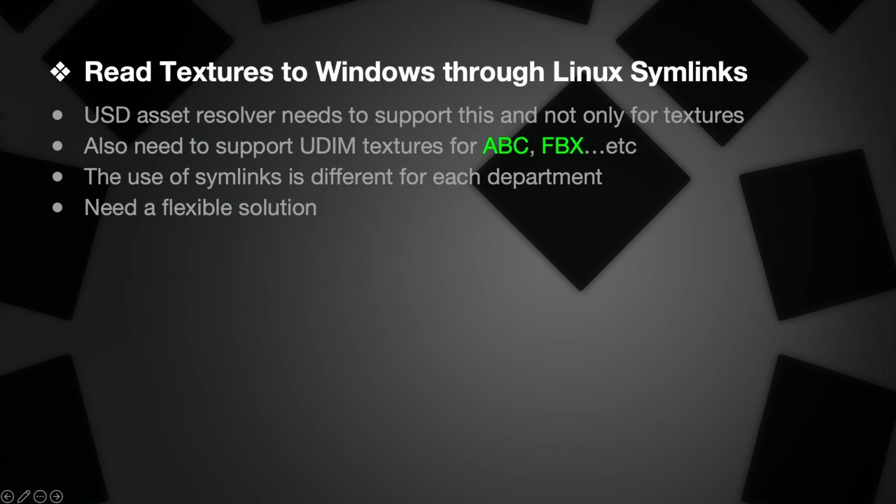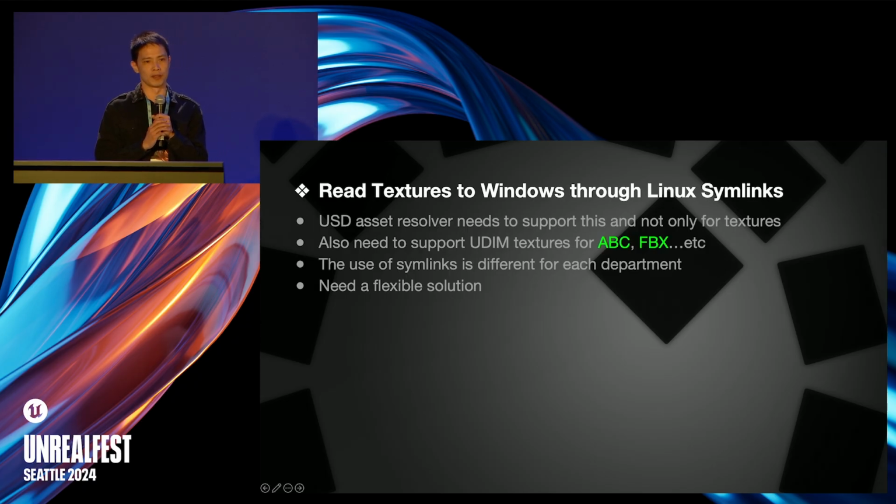We also needed to make it work for our USD asset resolver, so it's not only for textures. We need a flexible way to make symlinks work for Windows and then make it work in Unreal Engine.